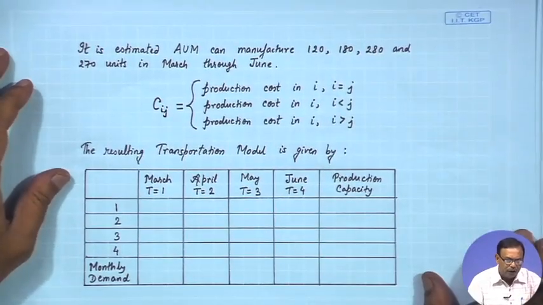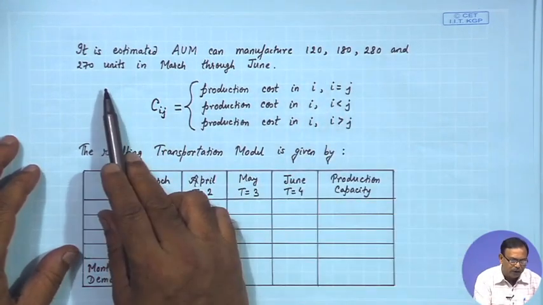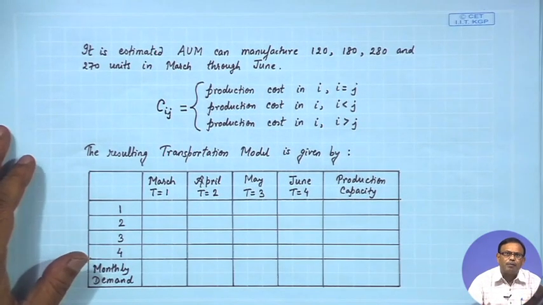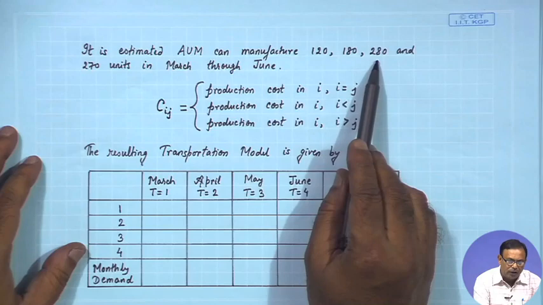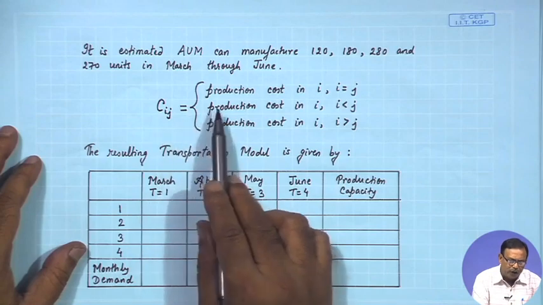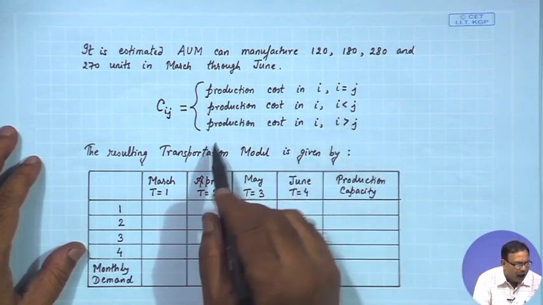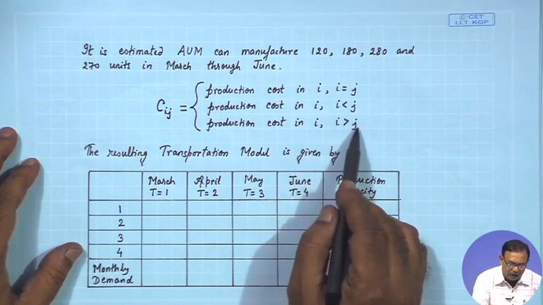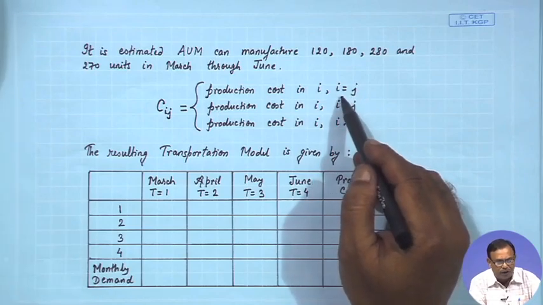It is estimated that AMU can manufacture 120, 180, 280 and 270 units in March through June. That means the estimated production quantity from March to June is 120, 180, 280 and 270. Now, Cij, we are assuming, is the production cost in i when i equals j, when i is less than j, and when i is greater than j. As I have told, i equals j means you are meeting the demand at the same time.